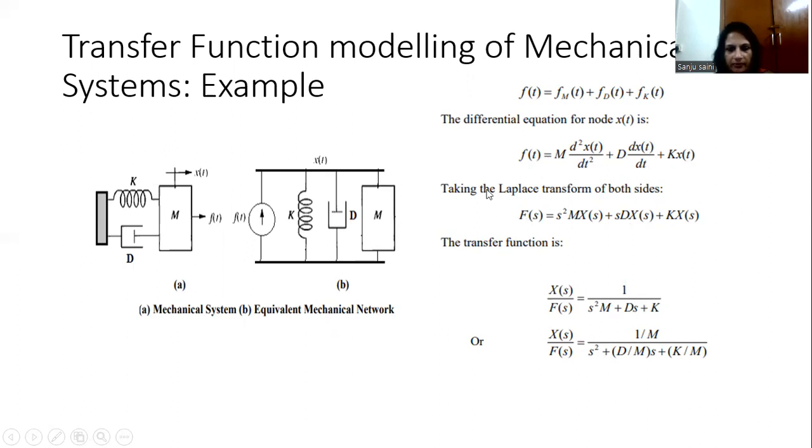Then we take X(s) common here, and we get the ratio of X(s) to F(s), so it's coming out to be equal to this. So this is the transfer function modeling of the mechanical system. Here we are having three basic elements: mass, damper, and spring, and the opposition to the applied force is caused by these three elements.